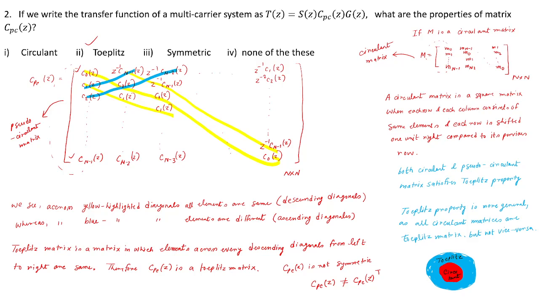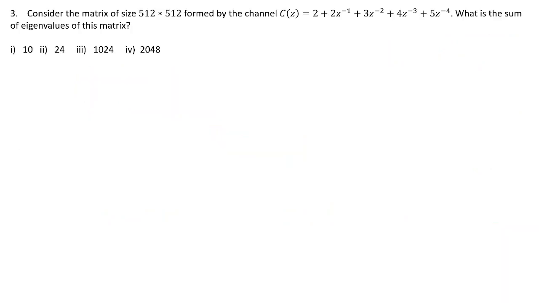With that, let us move to our third question. Here we are asked that the matrix formed by the channel polynomial in Z, Cz, is given by the expression 2 plus 2z inverse, 3z minus 2, 4z to the power minus 3 and 5z to the power minus 4.